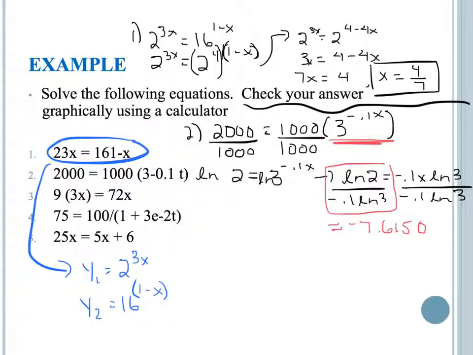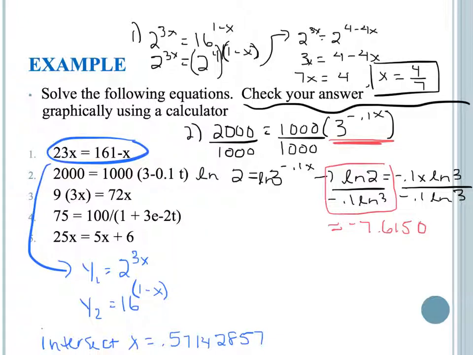And so I'm going to do a second calc, and then number 5 is for intersection. And there's a first curve and a second curve and a guess that I don't care about. And it says x equals 0.5714, so this is my intersection. Okay, which does not look like 4/7.